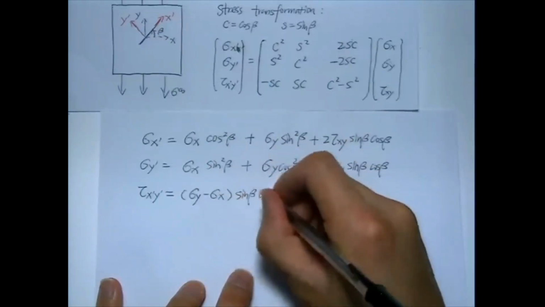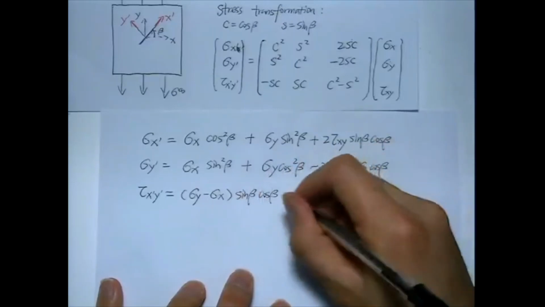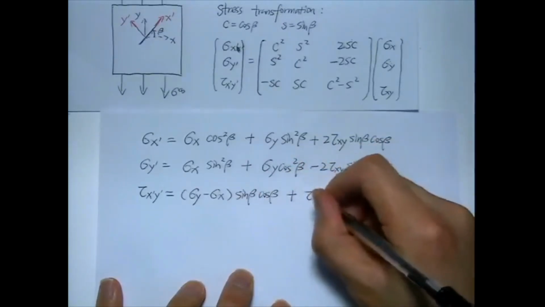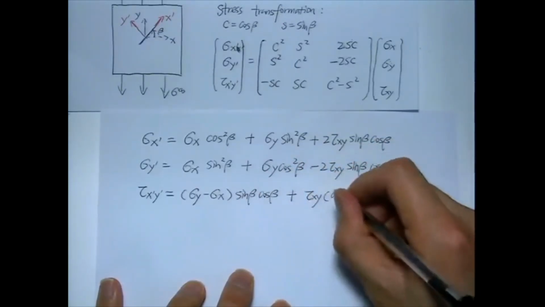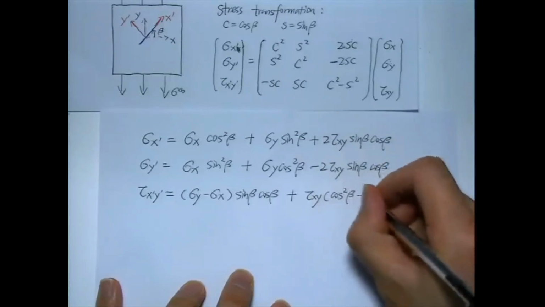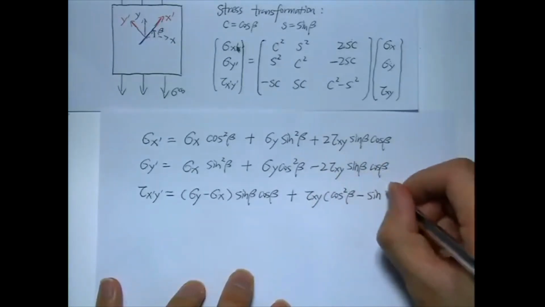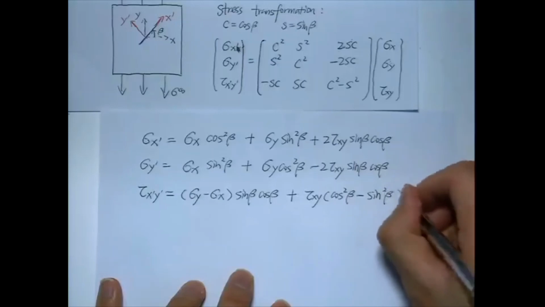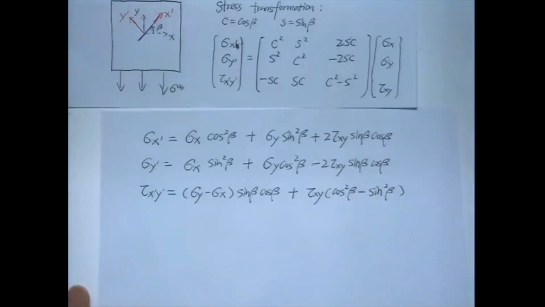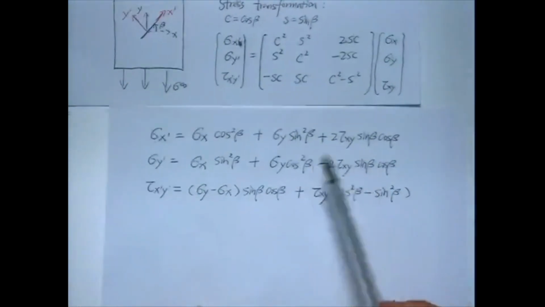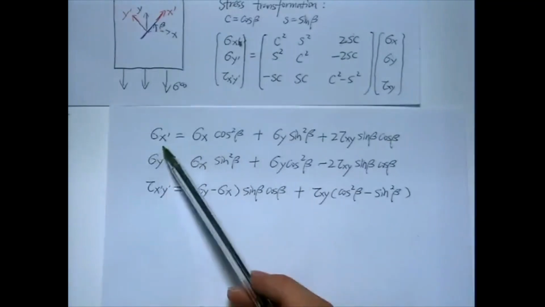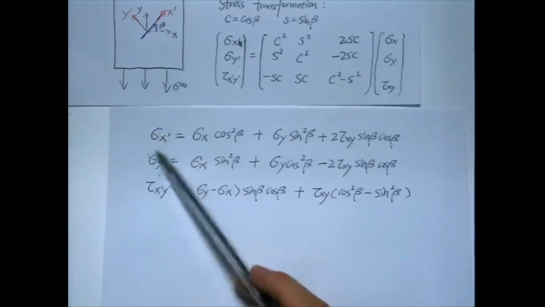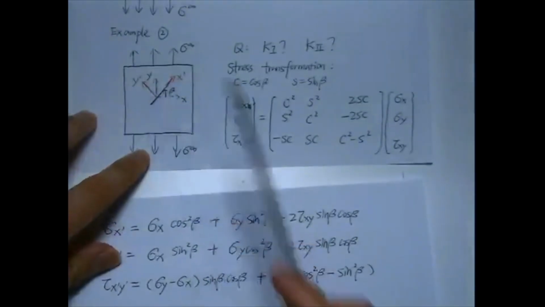Sine beta cosine beta plus tau xy, cosine beta squared minus sine beta squared. So by doing that, now we can know the transformed stress in that coordinate system.